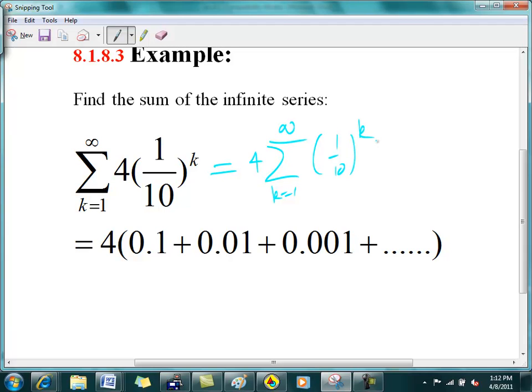Then when k is 1, does everybody see how you get 0.1? 1 over 10. And then when k is 2, I get 0.01. Is everybody there? When k is 3, what do you think the answer is inside the parentheses?